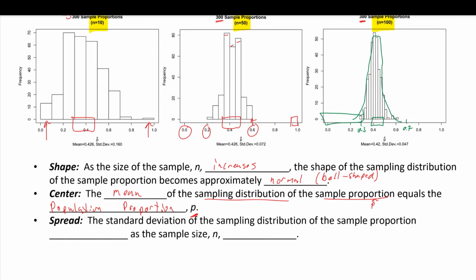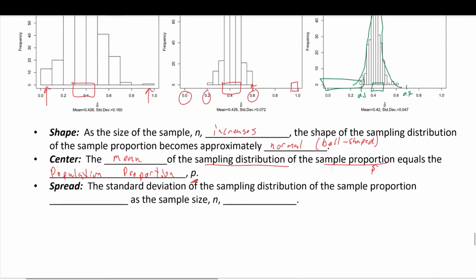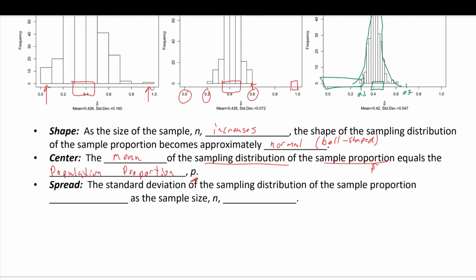Okay. And then what can we say about the spread here? The standard deviation of the sampling distribution of the sample proportion, that's p hat, well, it decreases, right? It gets more narrow. It becomes more narrow as the sample size n increases.